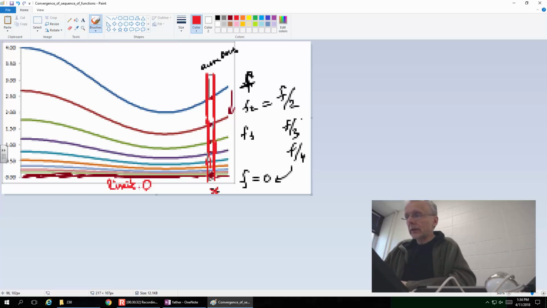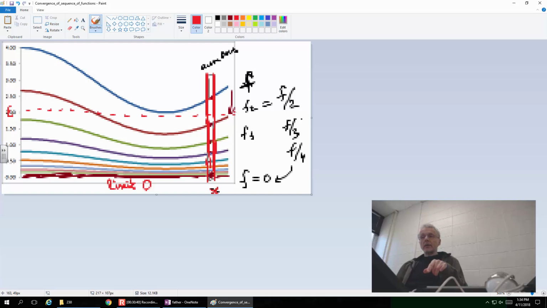So say I choose, how about I choose epsilon here? Then sooner or later, all the graphs of the functions will be below that level. So that is the tunnel, the ball around the limit function, which is 0, this time a straight band.